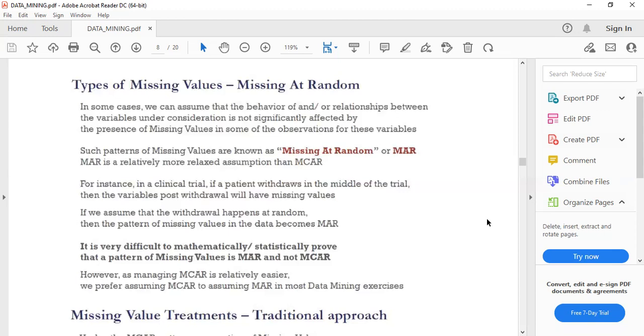So we prefer assuming MCAR to be MAR in most data mining exercises.